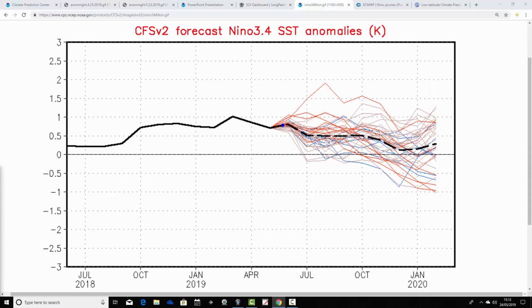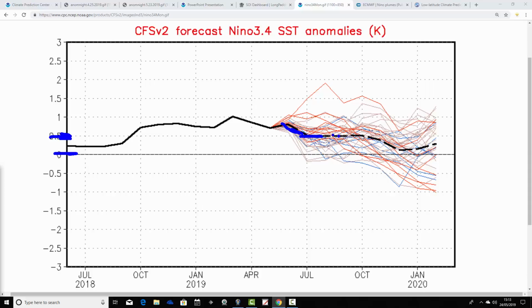Or we are going to be forecast in the next few weeks, just on the border between ENSO neutral, which is half a degree above average or under, you see what I mean? So from exactly average just there to half a degree above average just there. So that's the border of ENSO neutral to just about still El Nino condition.